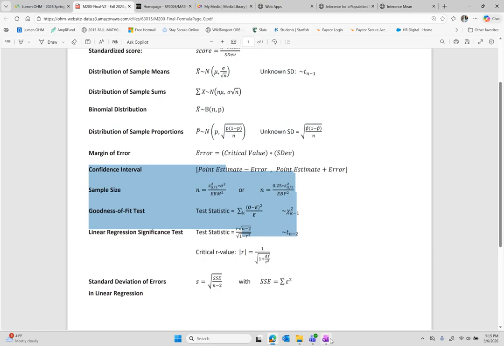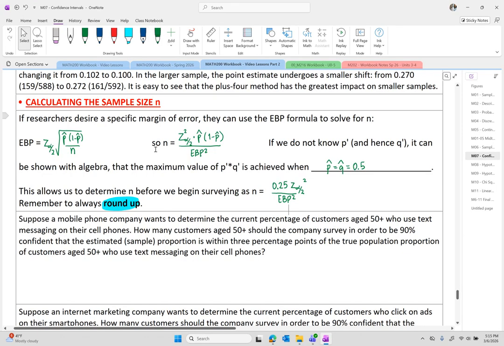This is not exactly what we have discussed yet, because in reality, if we already knew the p hat and the q hat, we would have done our survey. Before we start our survey, we don't know the p hat and the q hat. In that case, we want to maximize the possible errors, so we maximize the product p hat times q hat, which is maximum when they are both equal to 50%.